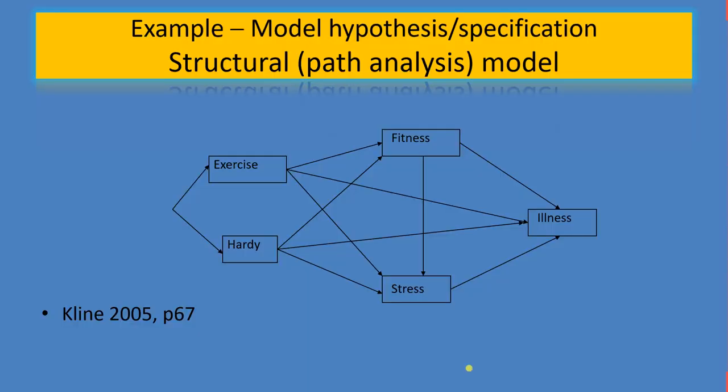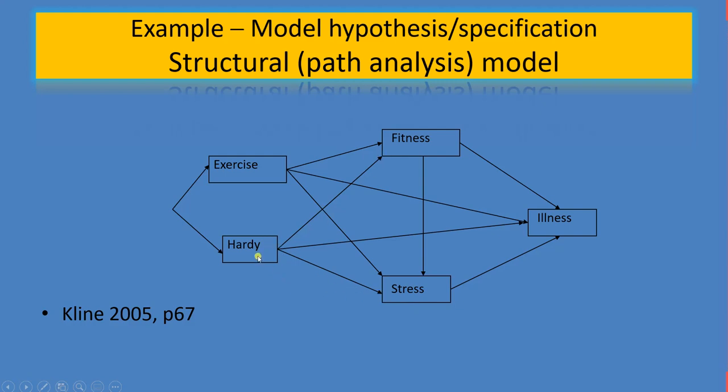These are examples. So this is the hypothesis that there are two constructs, and I have taken it from Kline. So exercise and hardy personality, these two are co-varying, they are interrelated with each other. But these two variables are determining the fitness and the level of stress. So there is an arrow from hardy to fitness as well as hardy to stress.